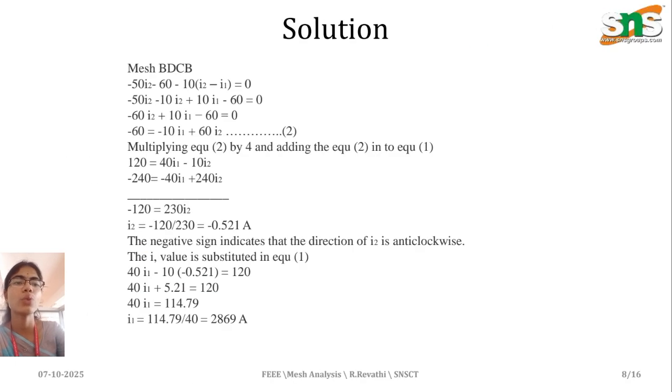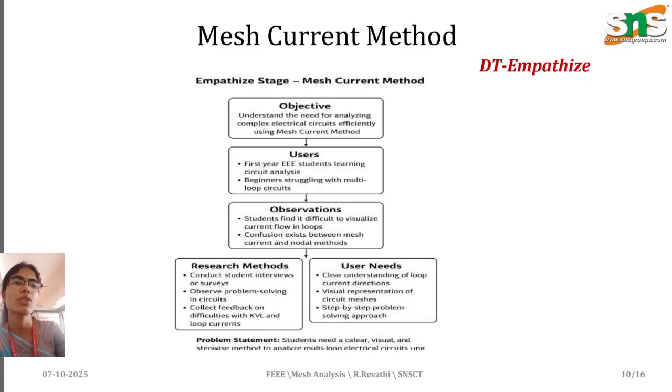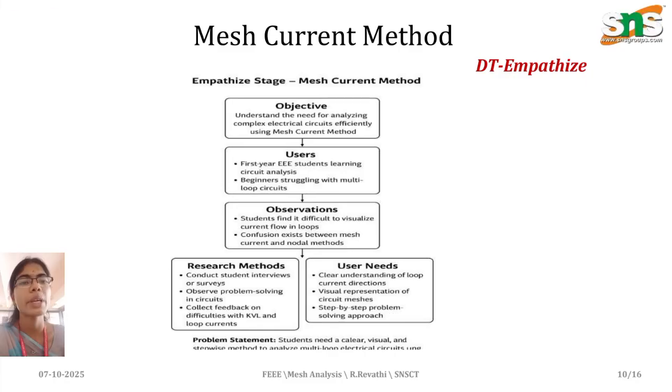I1 is equal to 2.869 amps and I2 is equal to 0.521 amps. For the branch current, I1 and I2 subtracted, since one is already negative, we get 3.39 amps branch current. This is how we can solve mesh analysis.